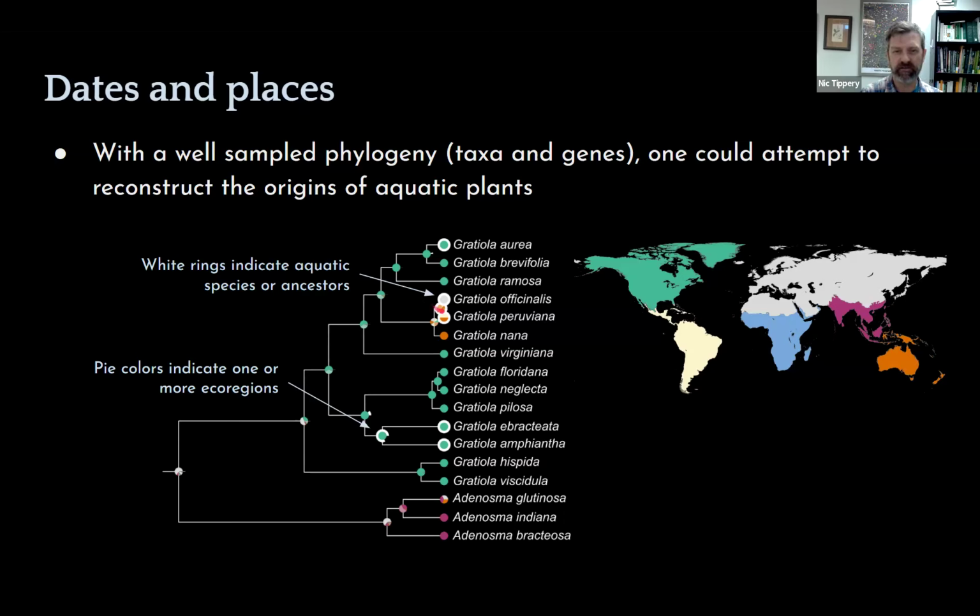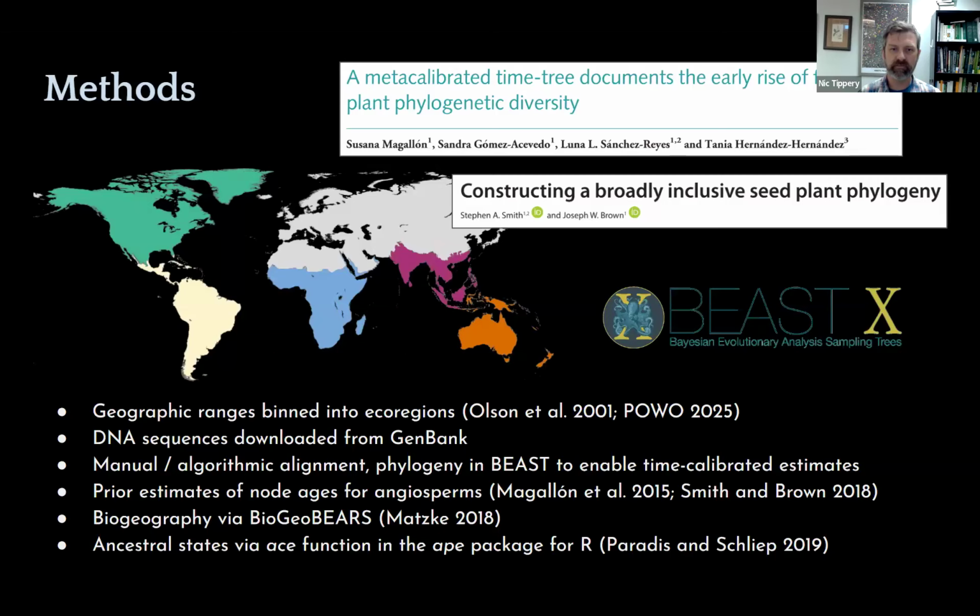The white rings on there, a white ring means that that species is aquatic, and then heading back in time, that would be a reconstruction of an aquatic ancestor. So it's a sort of pie chart on top of a pie chart. The background is aquatic, and the foreground is the geography. Like I said, I'm taking advantage of lots of other people's data, and I'm very grateful for that.